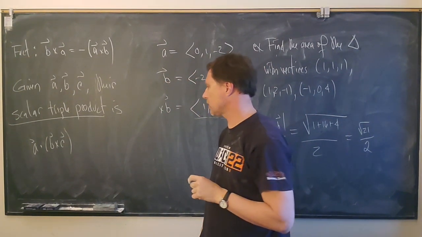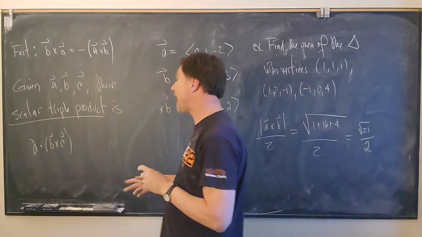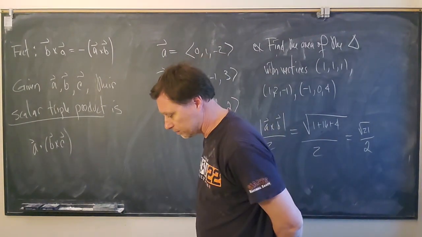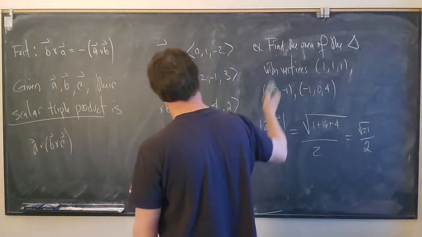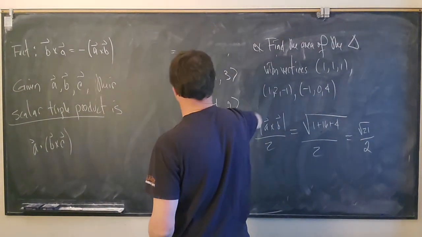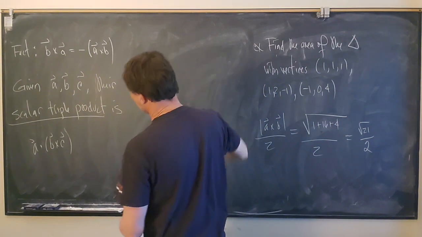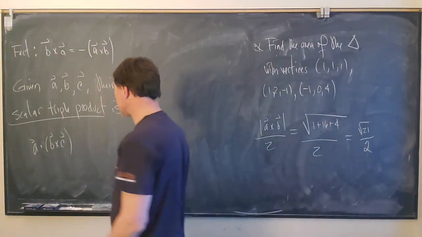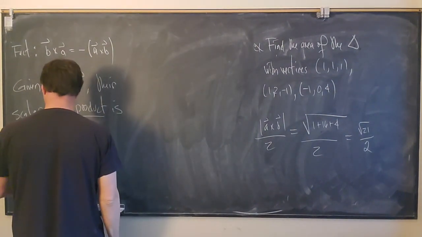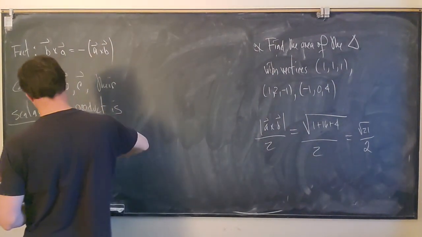It's the same as A cross B dot C. You can put them in whatever order you like. But geometrically, the absolute value, so notice you're taking a dot product, so this gives us a number. Geometrically, there's an interpretation for the absolute value of this.